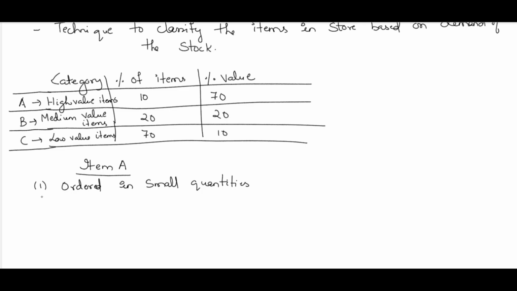It is usually managed by top level management, because only executives can take the decision regarding procurement of items under category A. It is expected that as soon as it comes to the inventory, its delivery should be very fast, expedited.